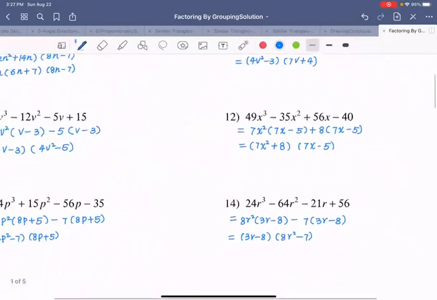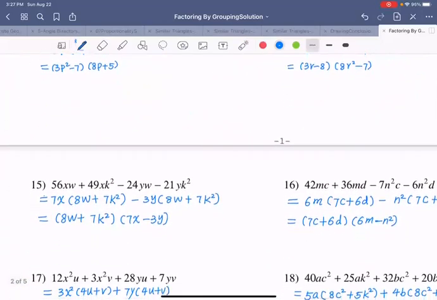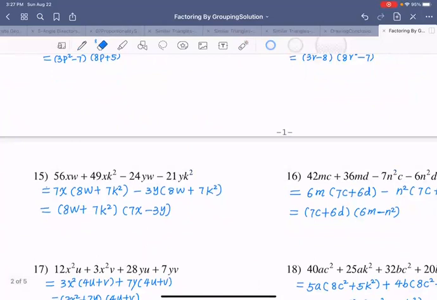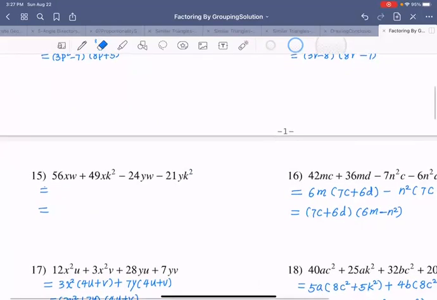Let me look for some more complicated questions. So we will jump to here. Shangli, let's do number 15. Go ahead, please.